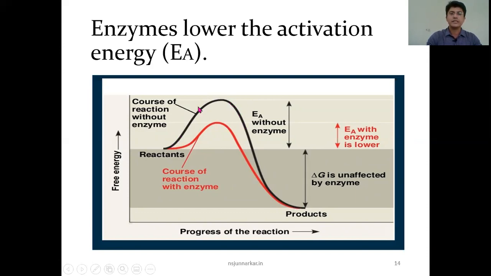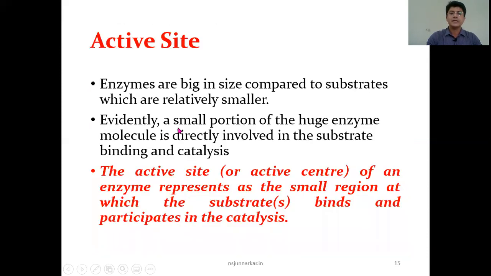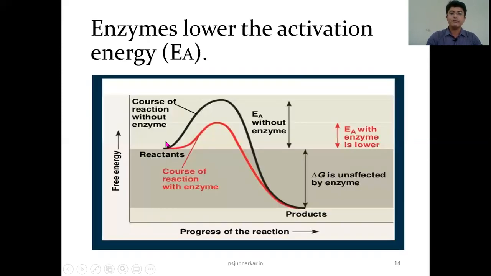This is the curve which indicates how the reaction will proceed in the absence of a catalyst or an enzyme. Whereas in the presence of enzymes, the reactants require less energy to get activated. So activation energy is lowered in the presence of enzymes, because of which the reaction occurs in a faster manner.